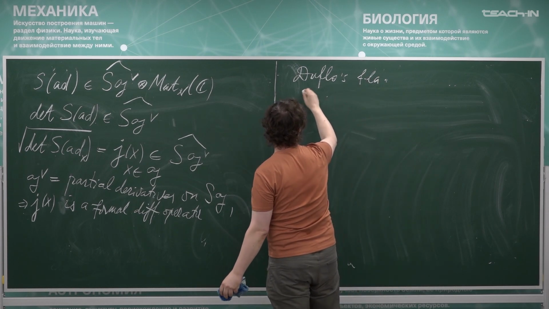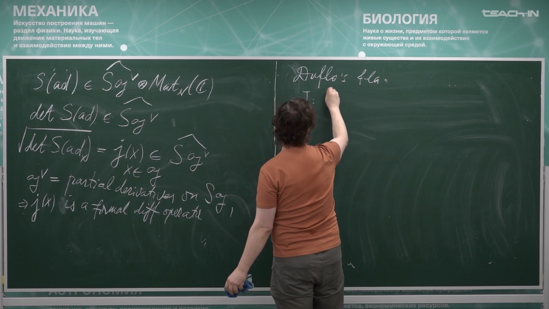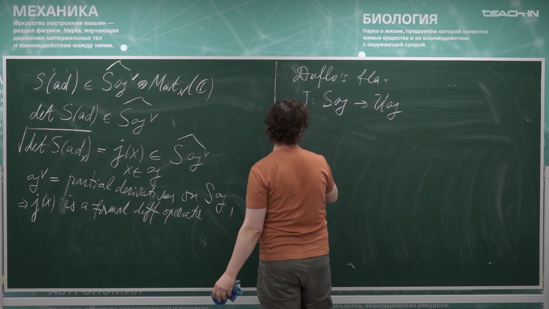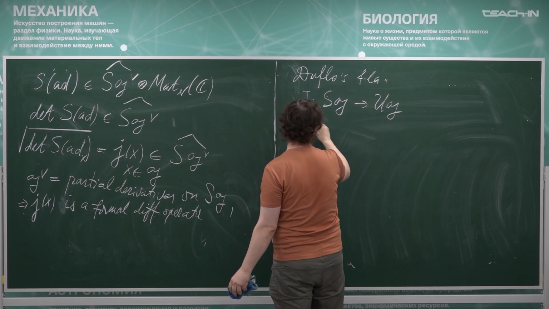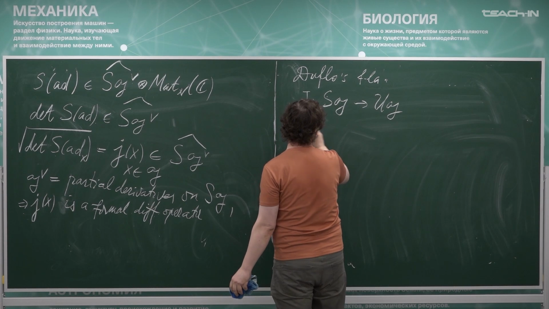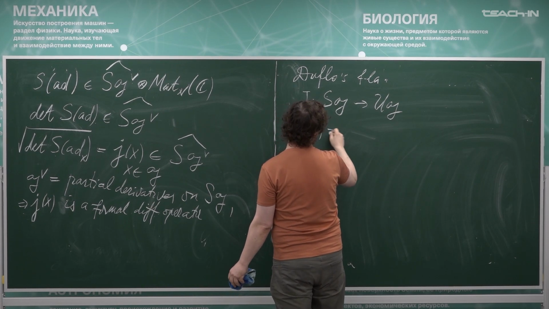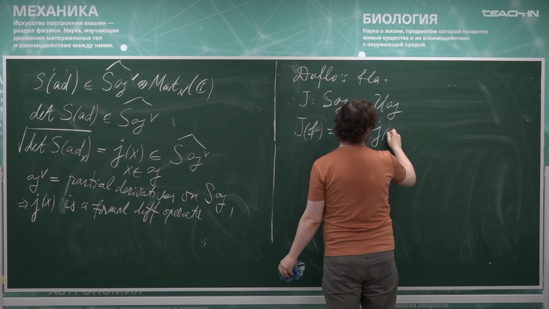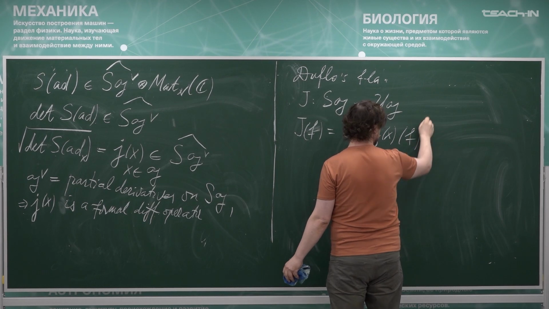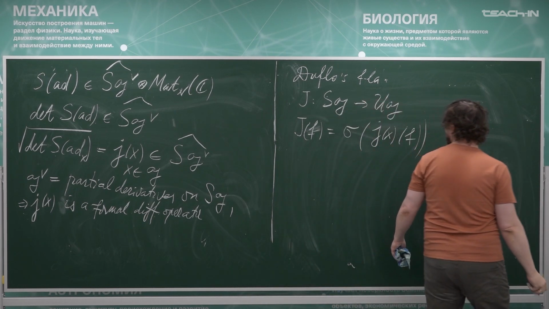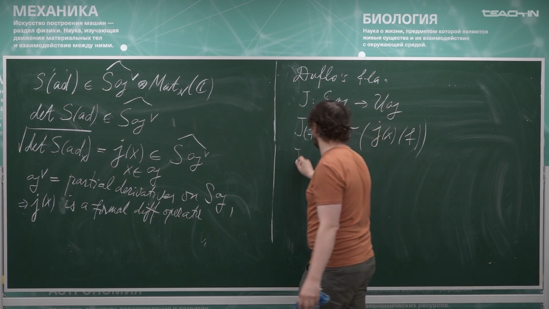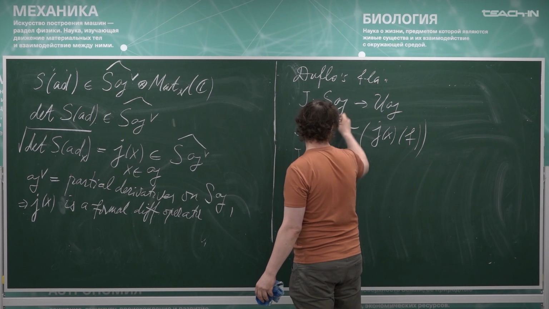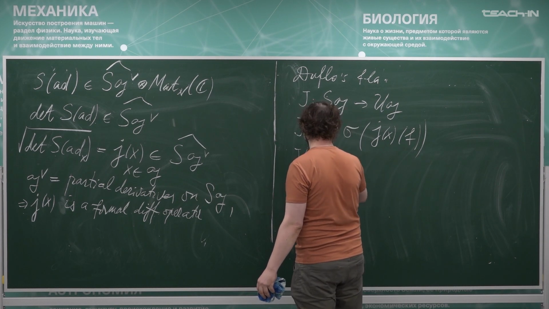Consider the map J from SG to the universal enveloping algebra given by the following composition. J of F is equal to the symmetrization of J of X applied to F. Then J is in fact a homomorphism, and actually an isomorphism on the level of centers.